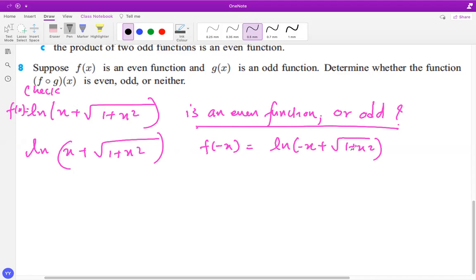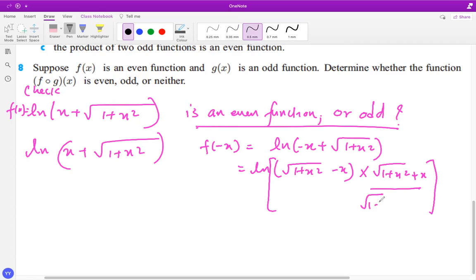Now here I have replaced x with minus x, but since the square of that is positive, I'm not writing that. Since we can see clearly, we don't have any step further to go beyond this. But if we rationalize this function, I take root 1 plus x squared plus x and root 1 plus x squared and plus x.